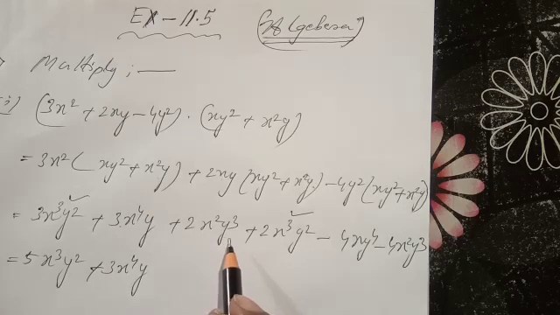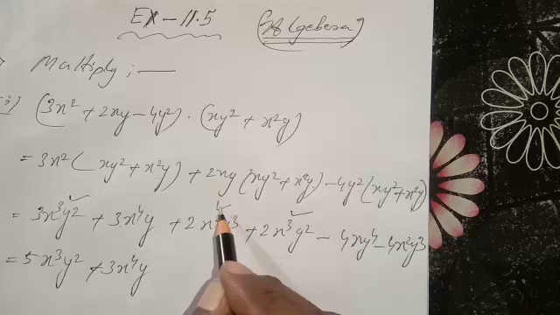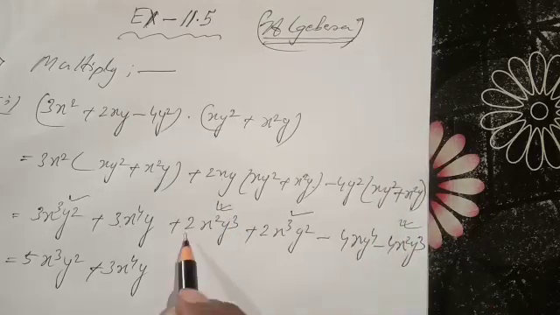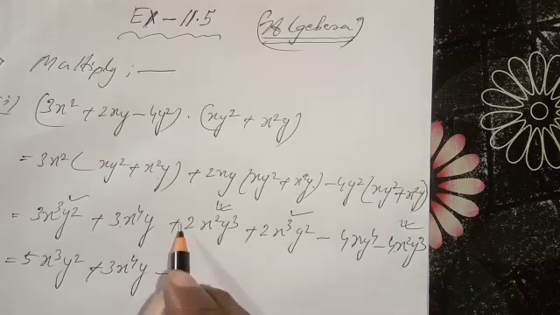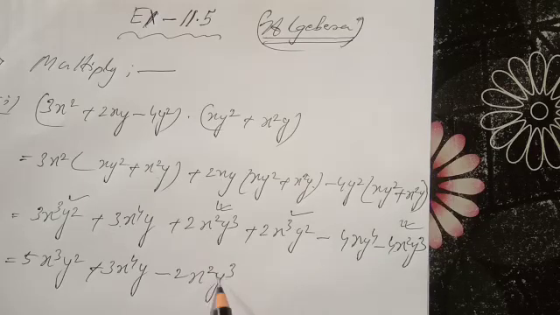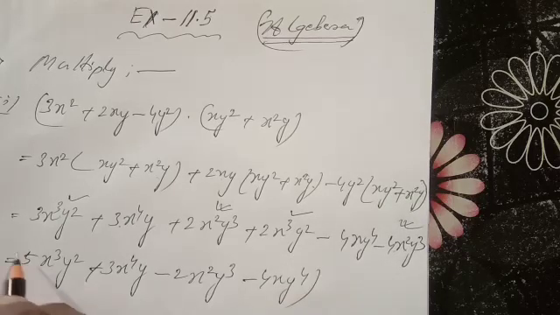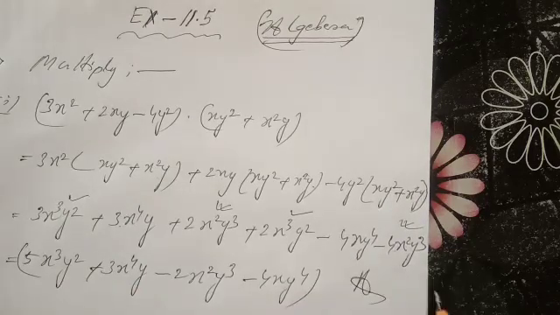Next is 2 x square y cube, and minus 4 x square y cube: 2 minus 4, that is minus 2 x square y cube, and this one minus 4 x y to the power 4. So this is the answer of number 1, first part.